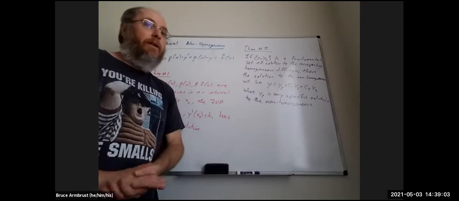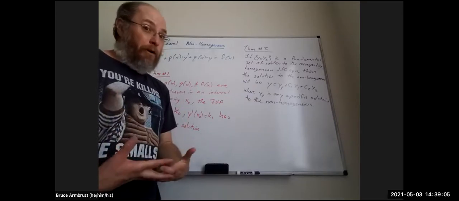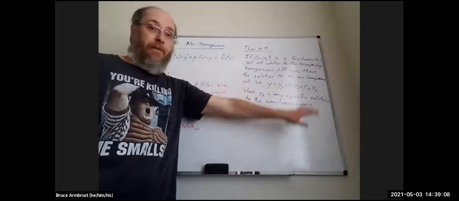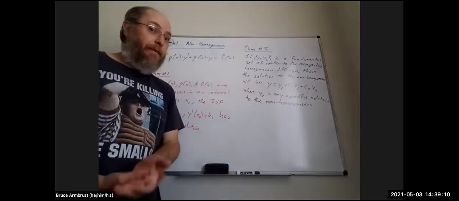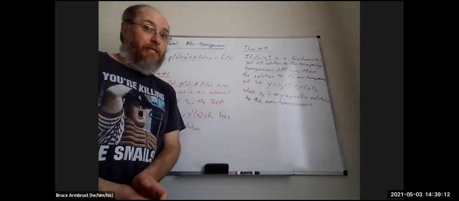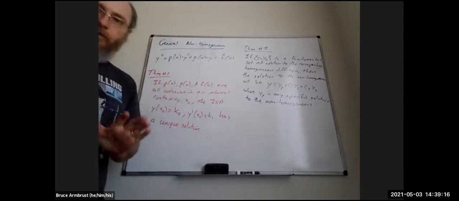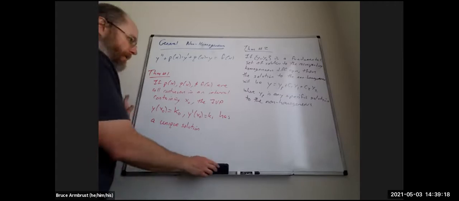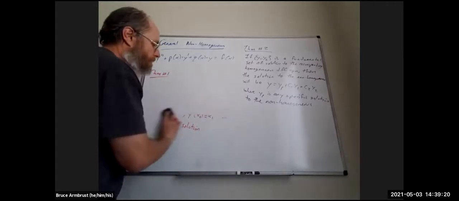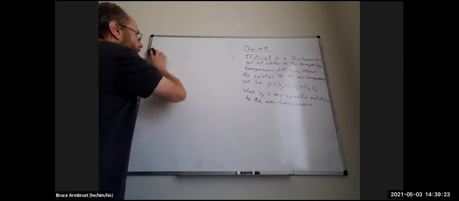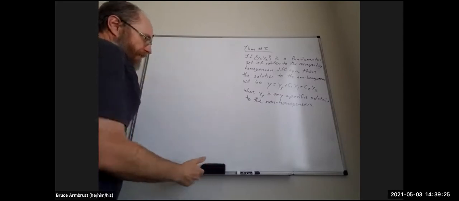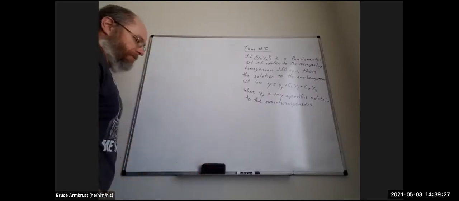Think about the hard part of this. The hard part is finding that fundamental set, but that's going to be easier because it's from a homogeneous equation. Let me show you exactly what I mean with an example, and we'll make it so that the homogeneous is pretty easy to solve.